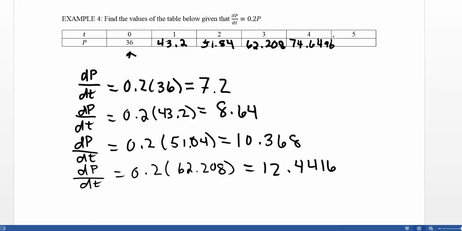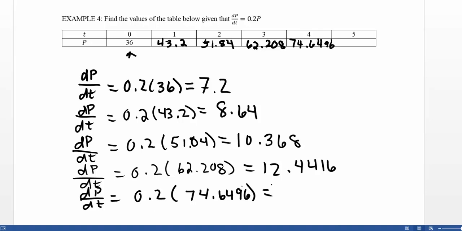And then finally, to go from 4 to 5, I need to do one last calculation to figure out how much I'm changing, again, approximated by the derivative. So I do 0.2 times 74.6496.